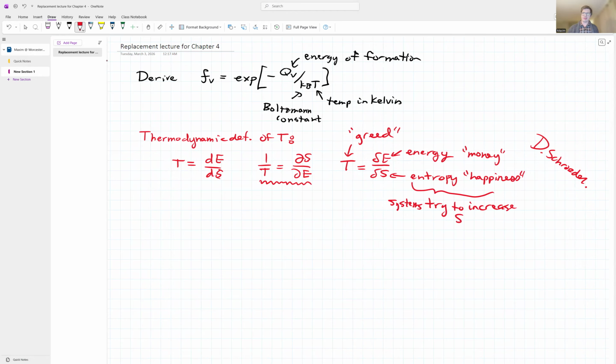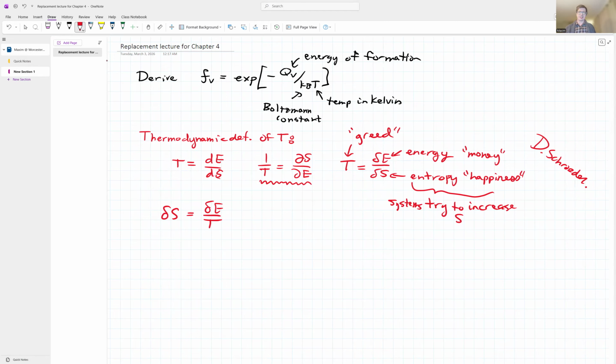Well, you can do that by giving the systems energy, depositing a little packet of money or energy into the system. And the temperature basically tells you how much happiness you gain for a certain amount of energy. So we can sort of rearrange this so that dS is equal to dE over T, kind of roughly.